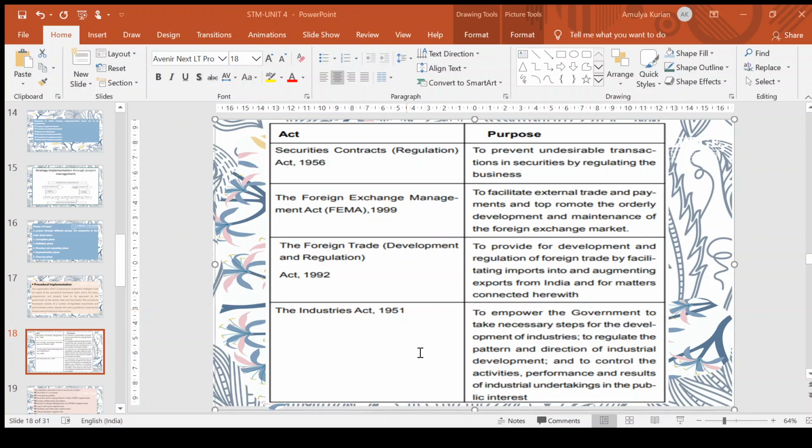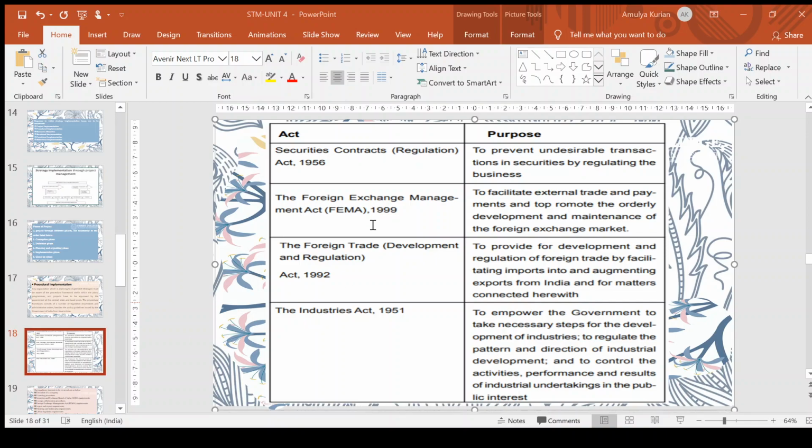So these are certain things which should be taken care of in procedural implementation. The first one was project implementation, where we look into the plans and projects we will be implementing. The second one is procedural implementation, where whatever laws there are at different levels, say central, state, and local level, you should be aware of before going into the strategy.